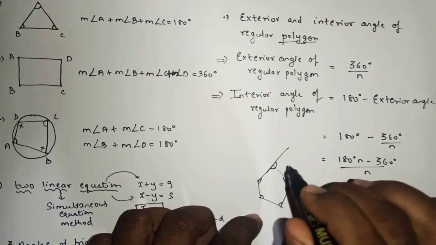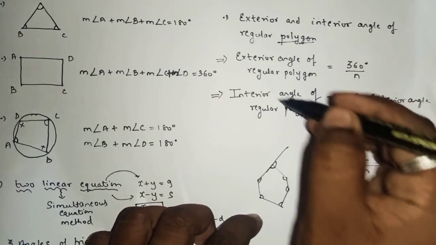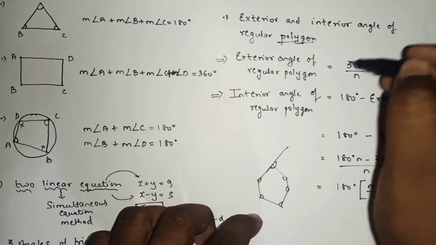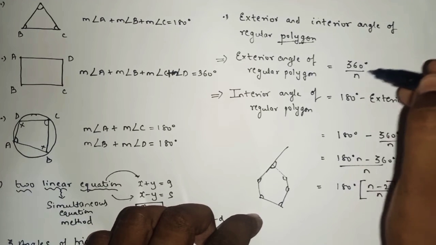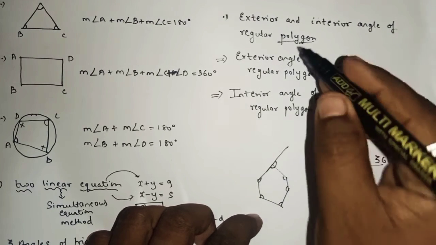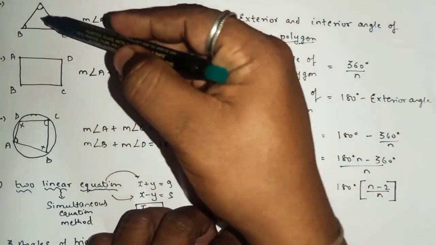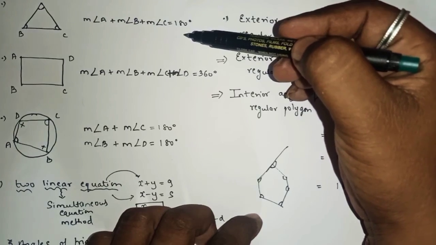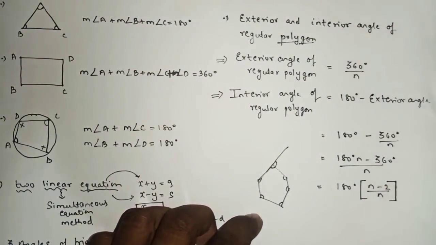For the exterior angle of a regular polygon, whether it is a pentagon, hexagon, or octagon, the formula is 360 upon n. What do you mean by this 360? For a regular polygon, the sum of the exterior angles is 360. For a triangle, the sum of the interior angles is 180. For a quadrilateral we have 360.